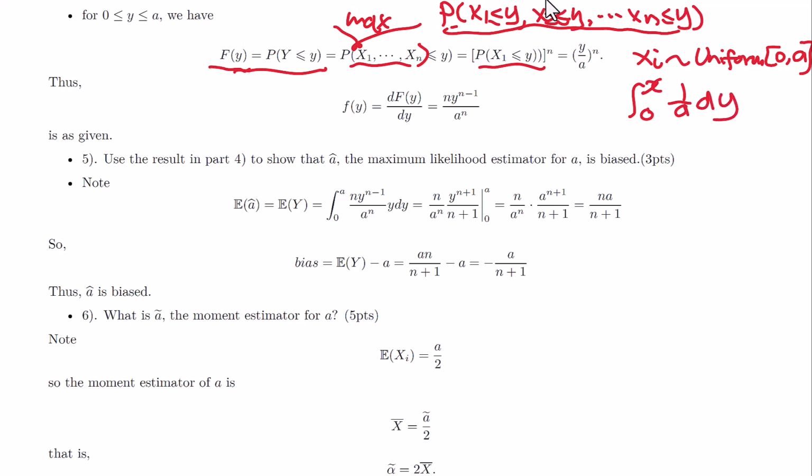Here you could use y, because our variable uses y. So that's why you get a y over a for each one, and then you have n of them, so you have to multiply n of them.